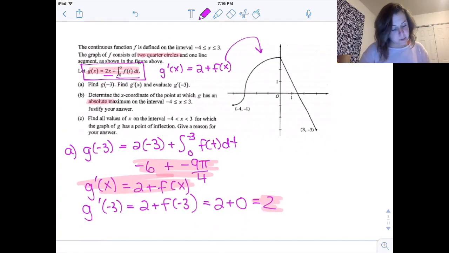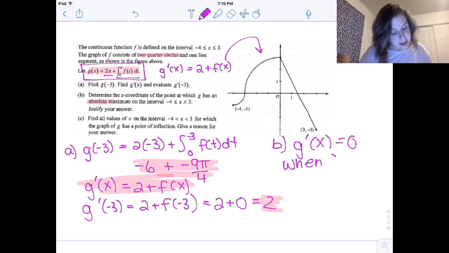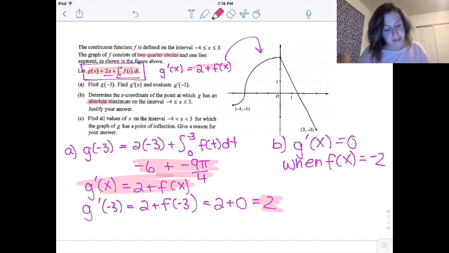So here's what I know for part B. I know for part B that G prime of x is going to equal 0 when f of x equals negative 2. Because looking at this function up here, it's 2 plus f. So if f was negative 2, I would get 0 for G prime, which is where my max will be.